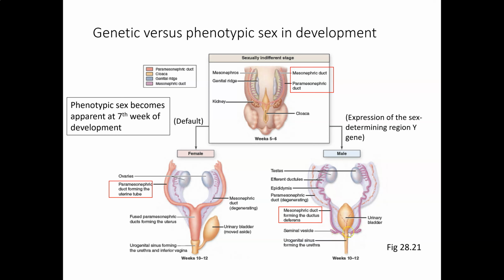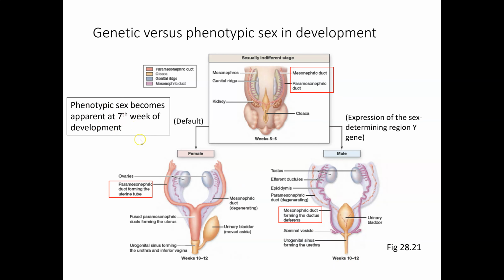Then it's going to fuse with the urethra coming out of the urinary bladder. And so they're going to share a large part of the urethra, and there's going to be only one orifice to the external surface of the body.